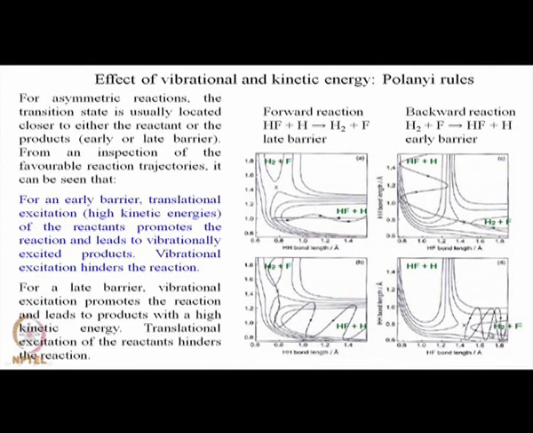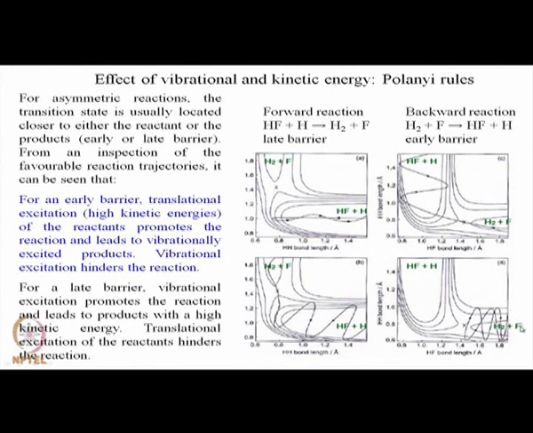Going like this, after some time it cannot cross the barrier, but remains in this valley. It cannot cross this line or this saddle point, so the reaction does not occur. So vibrational excitation hinders the chemical reaction for an early barrier.